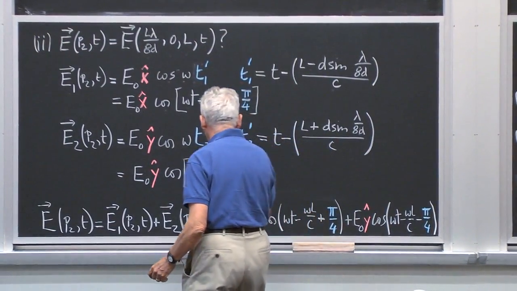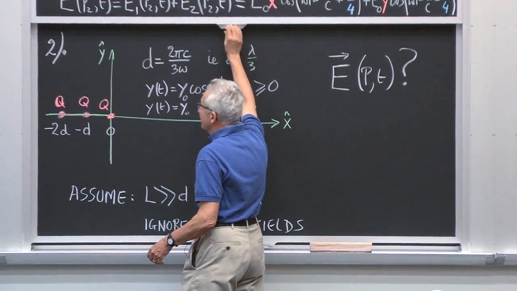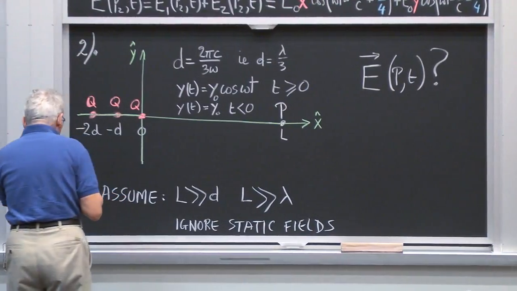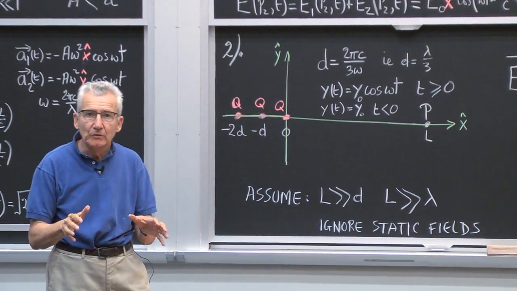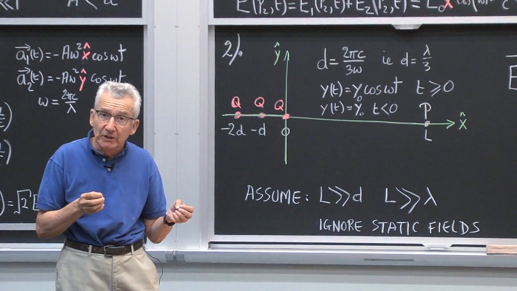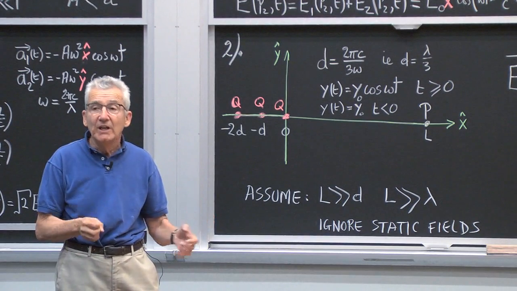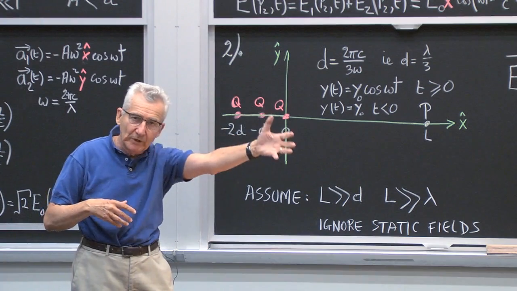Okay, let's move on. So the next problem is the following. We're again dealing with several charges oscillating coherently. They're coherent sources, and we're asking what are the electric fields somewhere in space.